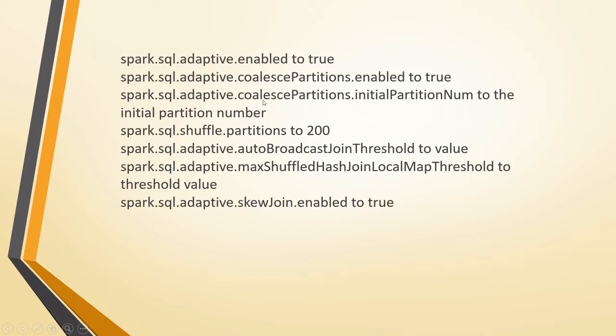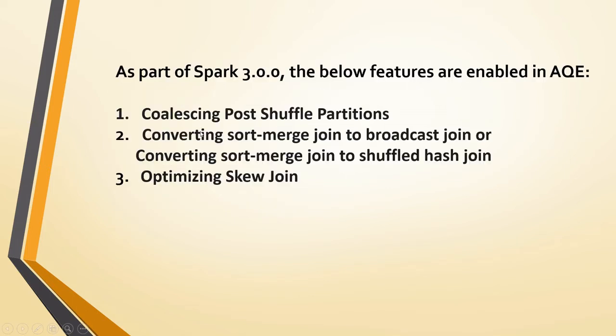Let's say you are not setting it, then by default it will take whatever is configured in spark.sql.shuffle.partitions. By default it's 200, but whatever you have configured for this particular configuration will be considered here. So you just have to make sure the first two are set and the third one is there, otherwise it will take the default partition.